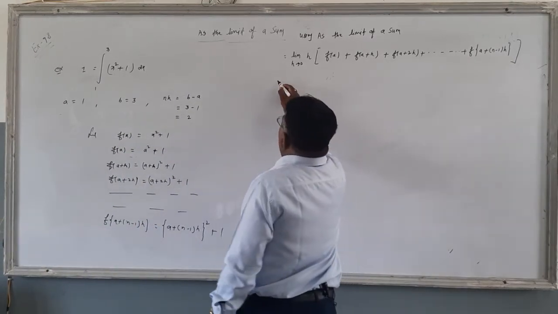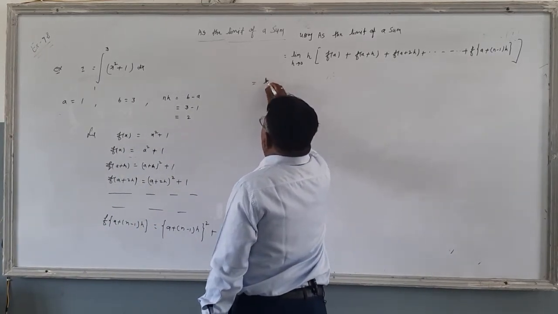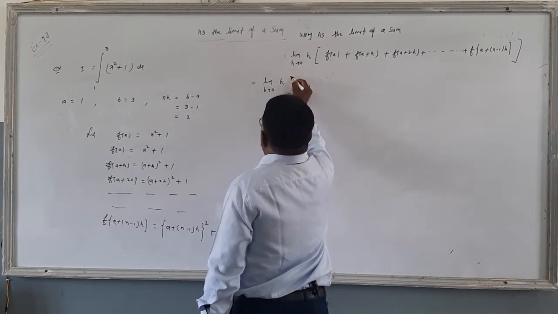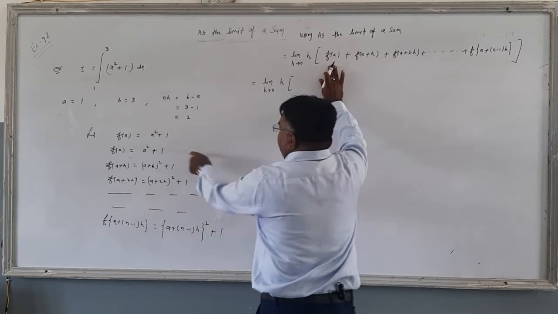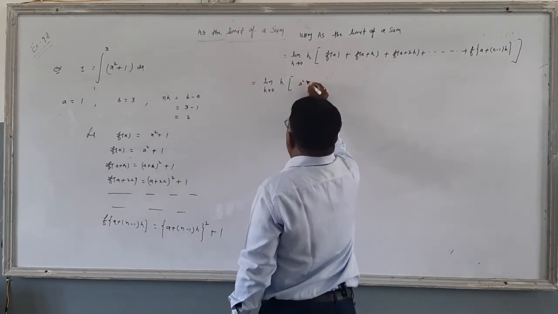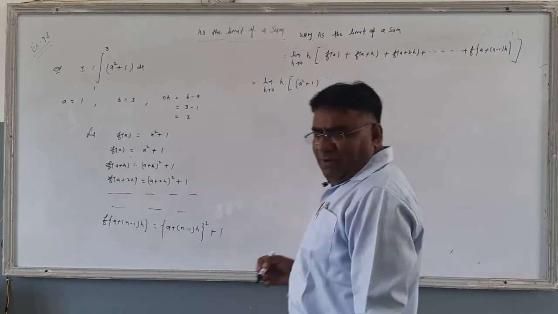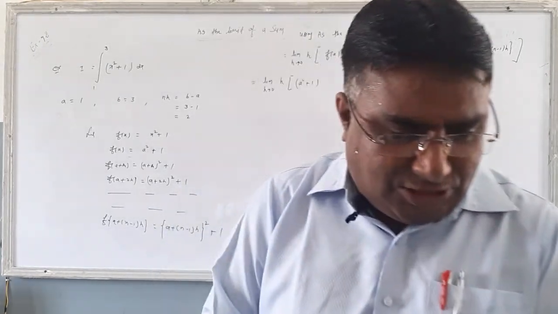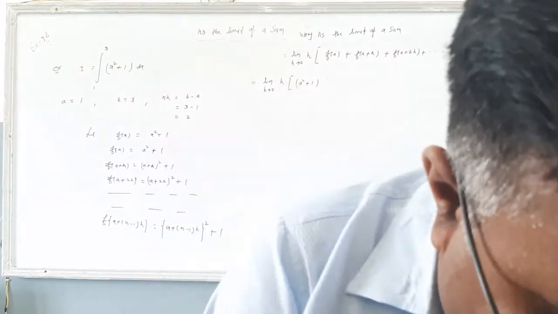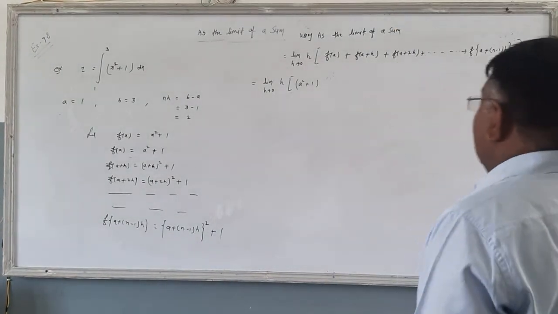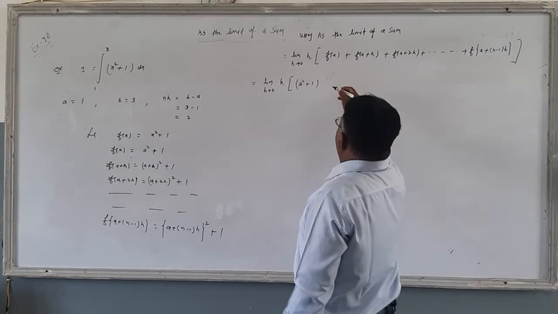So look here, substitute all values in this formula: limit h tends to 0 as it is, h as it is. What is the value of f of a? A square plus 1. What is the value of f of a plus h? It is a plus h whole square plus 1.